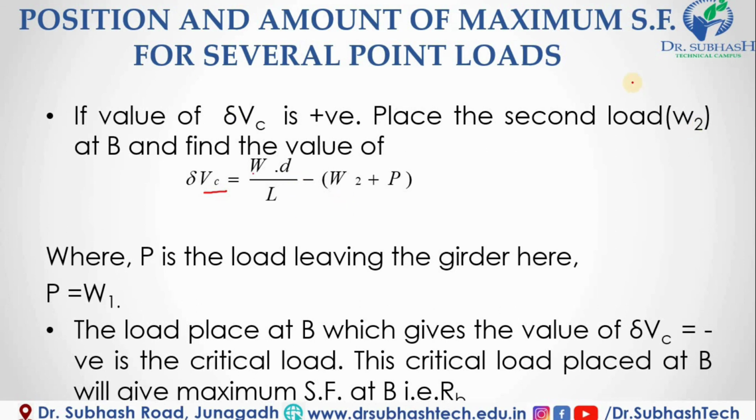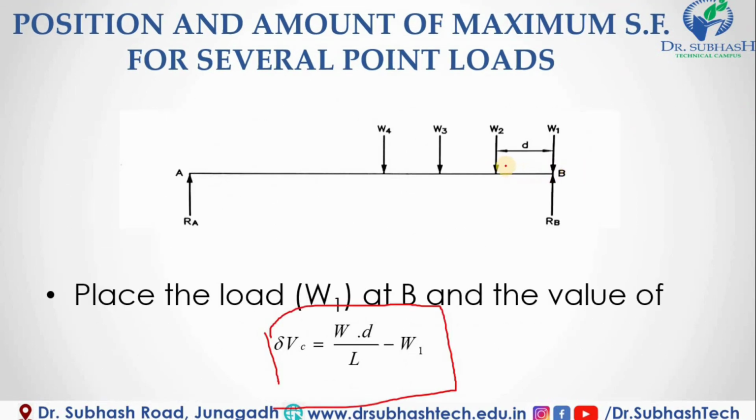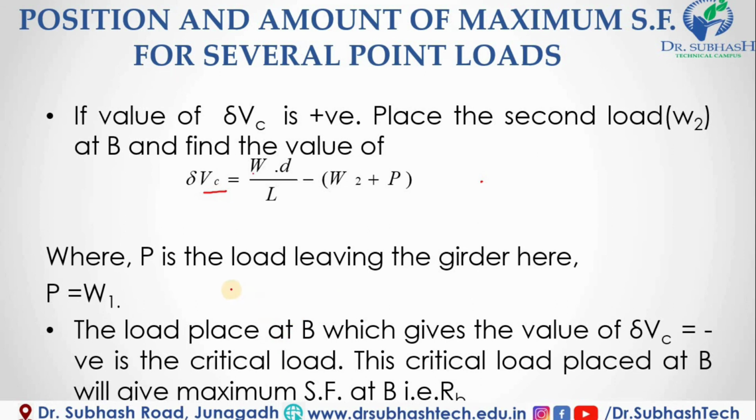So like this, instead of W1, now we place W2 on the beam. This is point B, W2 is placed and W1 is out of the girder. You can see the point P, the load leaving the girder here.